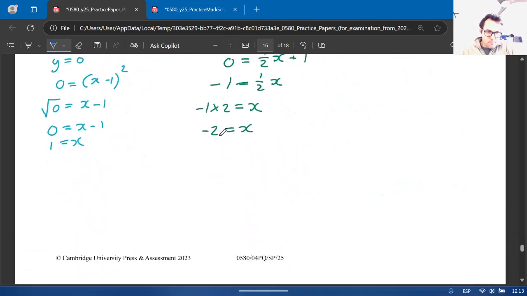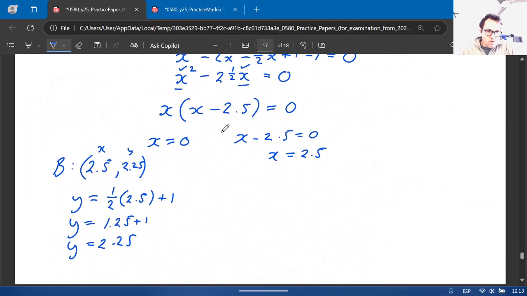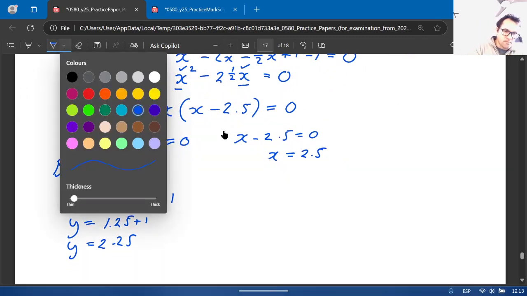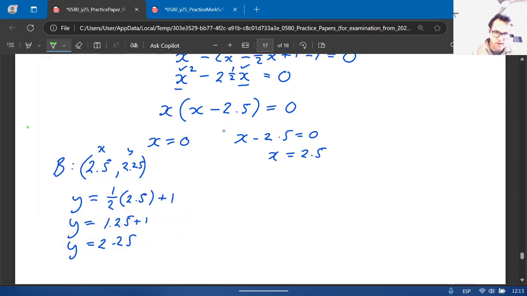Now, got the two coordinates. Let me write them down. Okay, remember, A was the point 0, 1, and B is the point 2.5, 2.25.